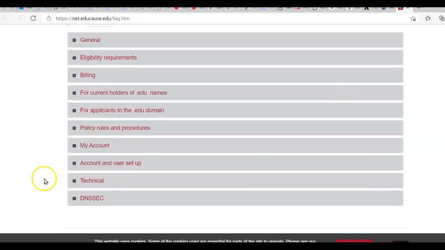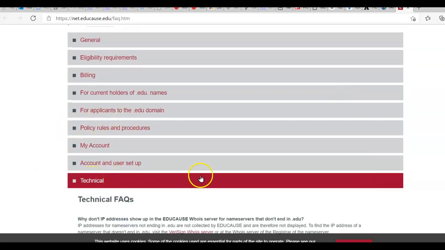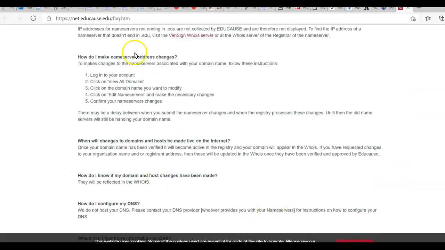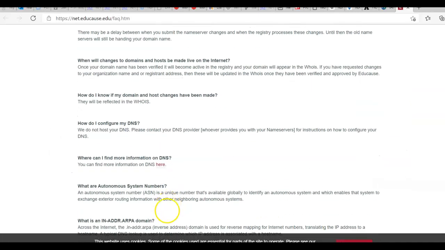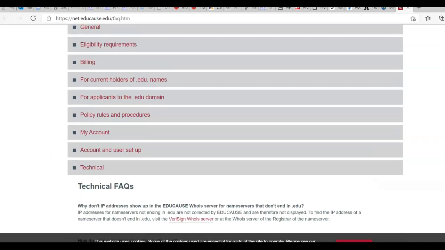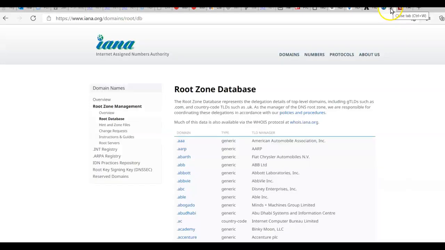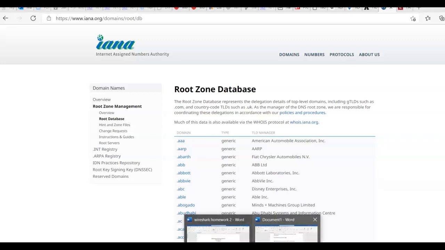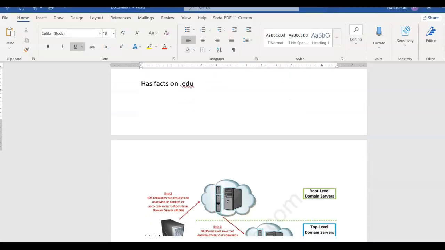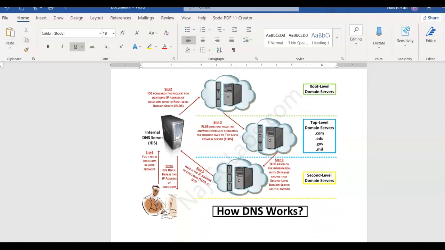There are technical details about it. Things about how to get there, what information you can find. There's a lot of information out here, as I said. It's just so much. But that will give you some idea of what's out there. Now, this is one of the things I got from the web, which might help you see how the DNS works.